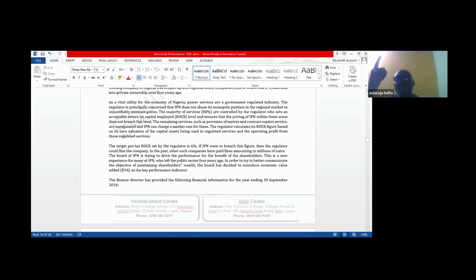If IPN were to breach this figure, then the regulator could fine the company. In the past, other such companies have paid fines amounting to millions of naira.